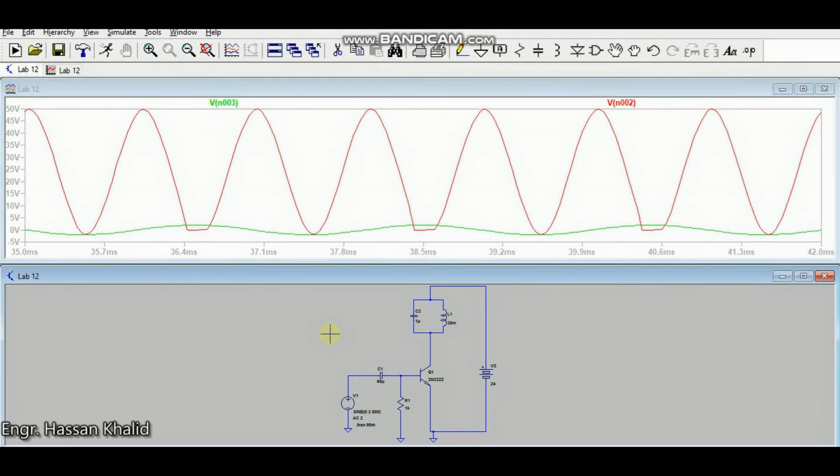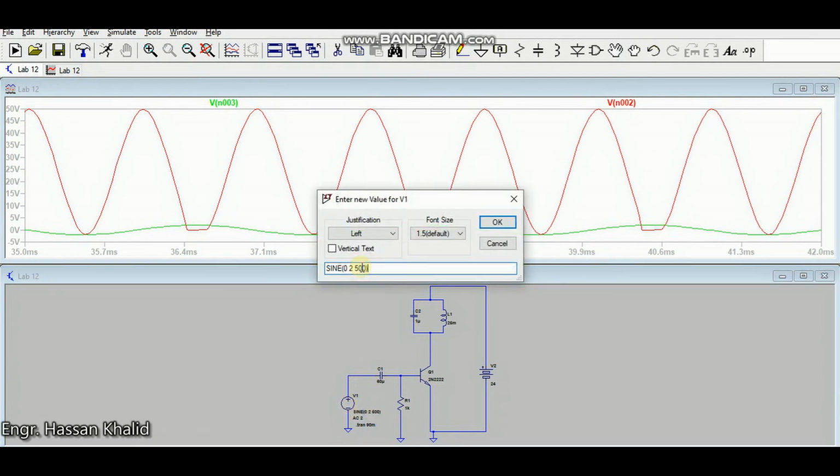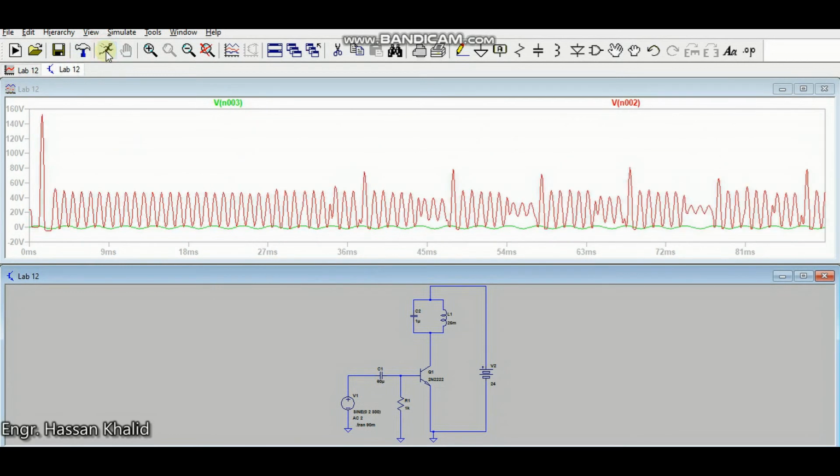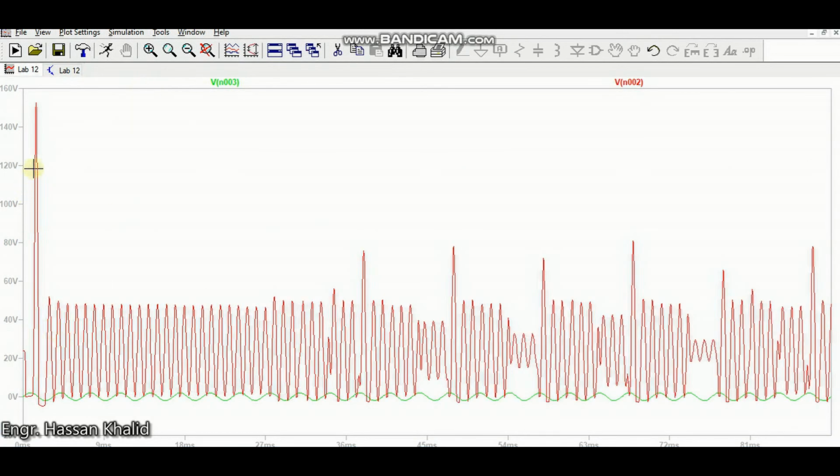Okay, now let's perform one test: if I decrease the frequency to 300, will there be any kind of change at the output or not? Let's run this simulation again. Yes, we were talking about the damped oscillations. You can see in this figure, first of all, the first spike when the capacitor was being charged, and the next amplitudes have been gradually decreasing.